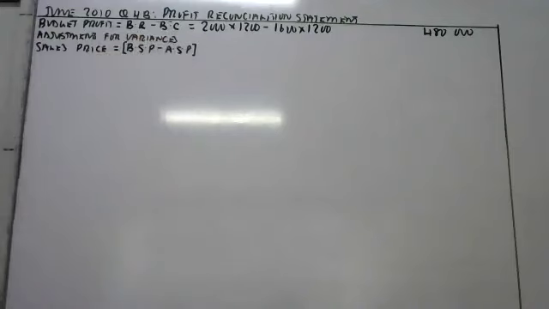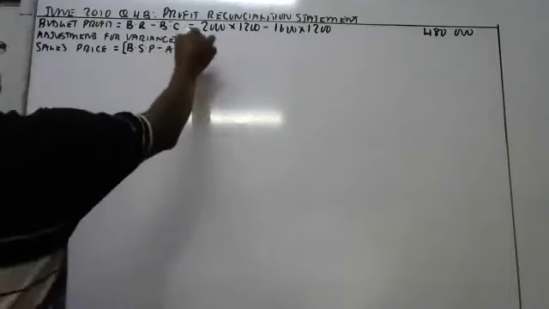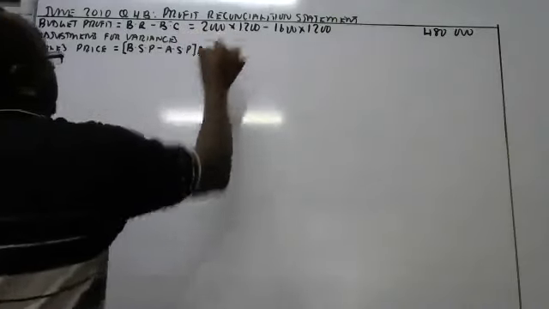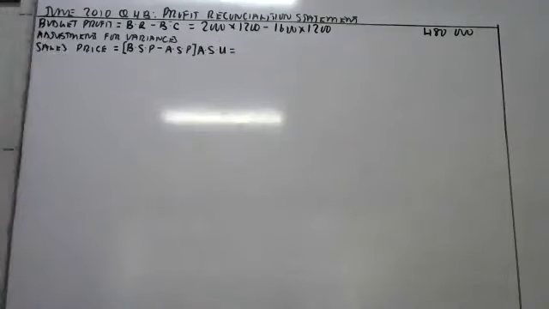You multiply that by actual units or actual sales units. So before we continue, I got the 1200 with the actual sales.